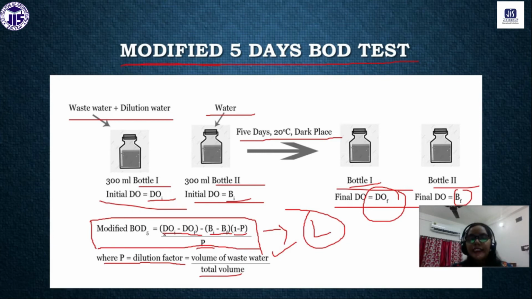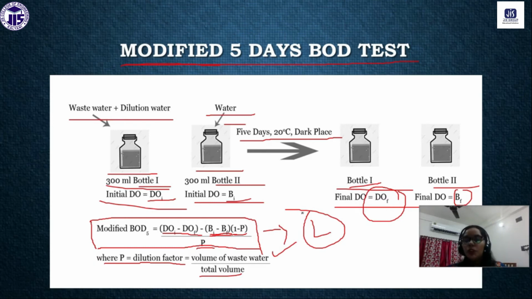Look here, DOI minus DOF, that means for this bottle, the initial value of dissolved oxygen minus the final value of dissolved oxygen. This subtraction will give you the actual BOD of bottle 1, that is the total BOD. BI minus BF, that is the BOD of water only for bottle 2, because BI is the initial value of dissolved oxygen and BF the final value.